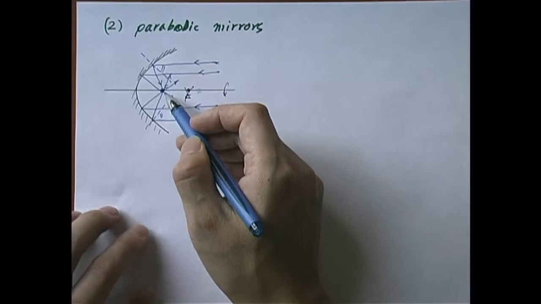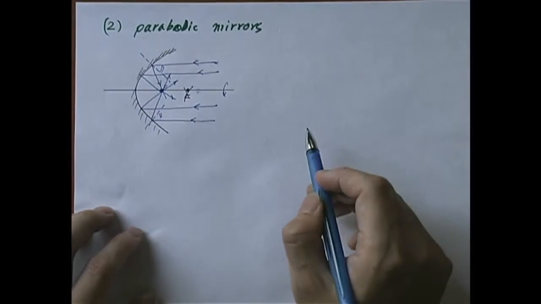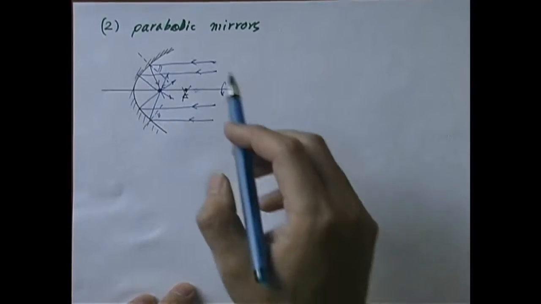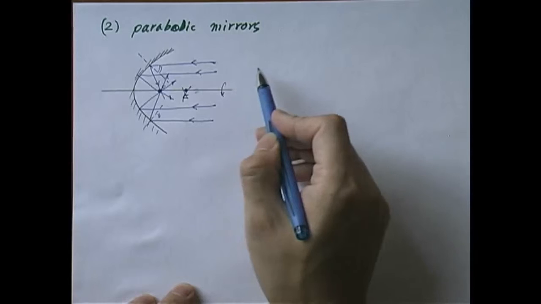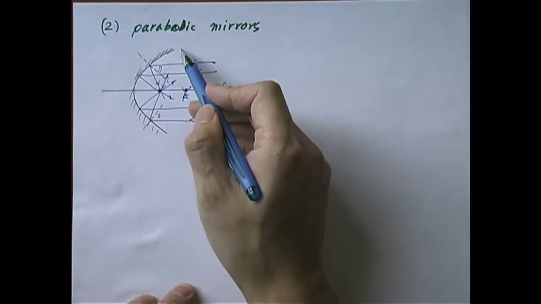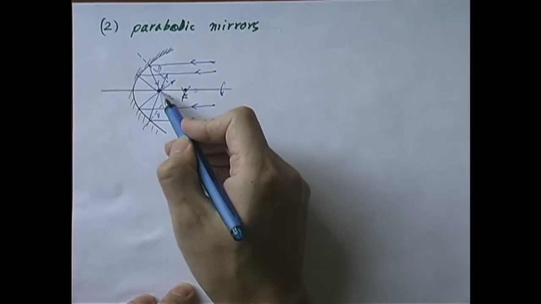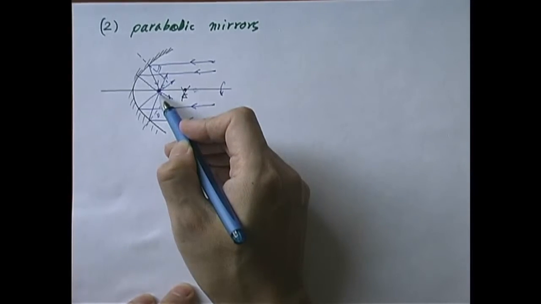And so you can imagine a parabolic mirror being used as a device to concentrate light energy from the sun. You have a parabolic mirror, and the light coming from the sun getting reflected off this very large surface will all be concentrated here. This is where the energy is very concentrated, and you can create a high temperature here.